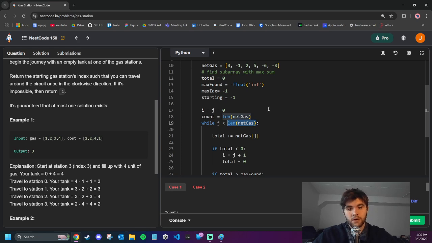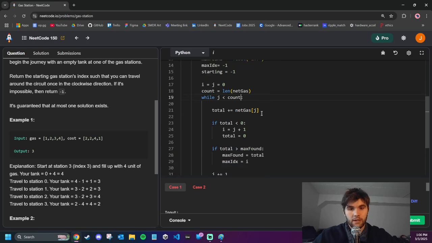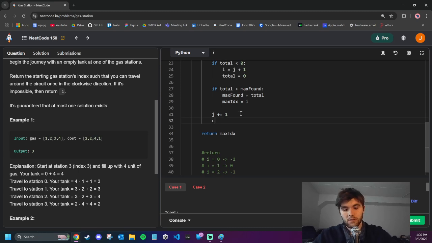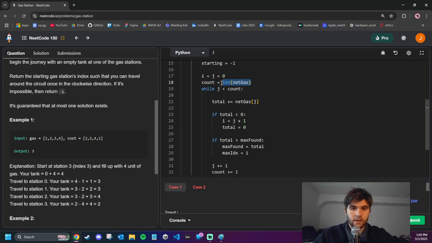And we want to say while it's less than count, and then count will go up every single time. So instead we want to run it this many times, regardless. So for instance, count will start at... maybe we should say actually while count is less than length of net gas.